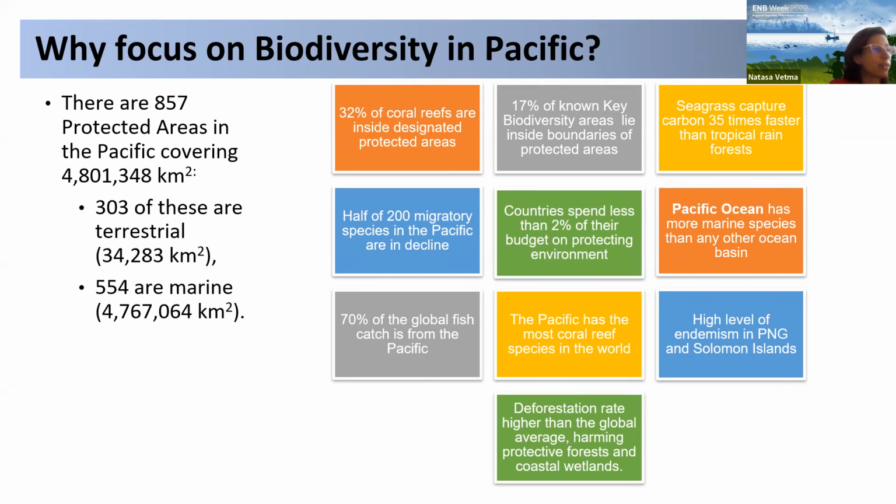The value, for example, is that seagrass captures carbon 35 times faster than the tropical rainforest. There is a very high level of endemism in PNG and Solomon Islands, and the Pacific has the most coral reef species in the world, and 70% of the global fish catch actually comes from the Pacific. So there is definitely no need to go into more detail on why preserving biodiversity is so important in the Pacific.